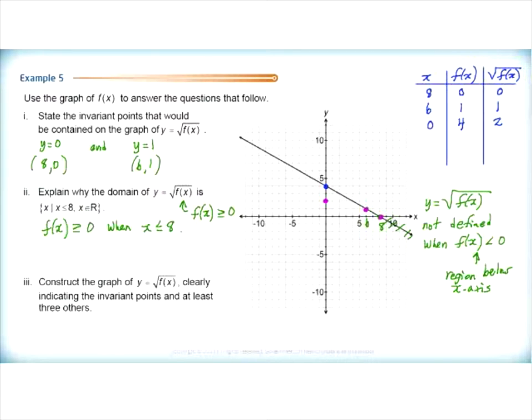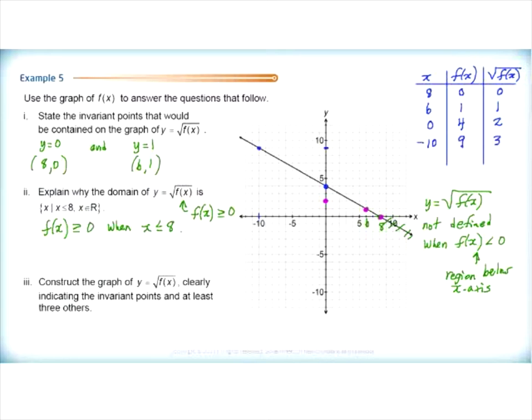Another value, we can find the next appropriate value, like you could, when you're trying to determine that value of x. When f of x is equal to 9, you know that the square root of 9 is equal to 3. So you have to go to where y is equal to 9 on your graph, which is over here at this point, and the corresponding x value would be at -10.